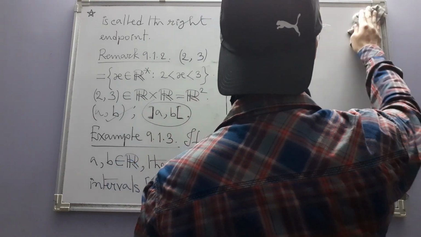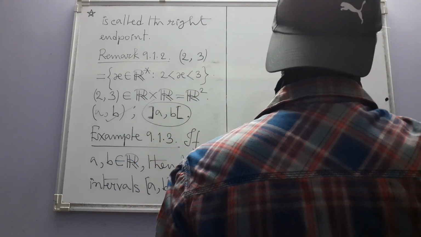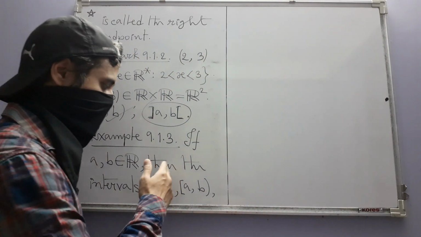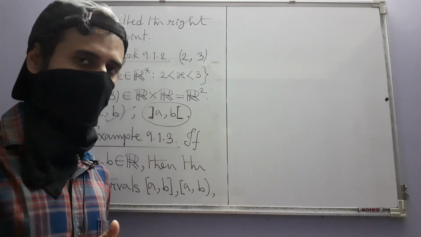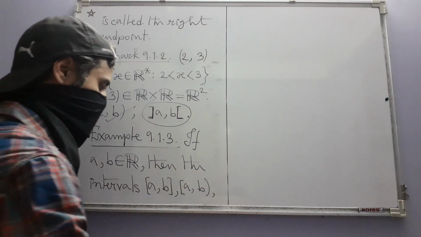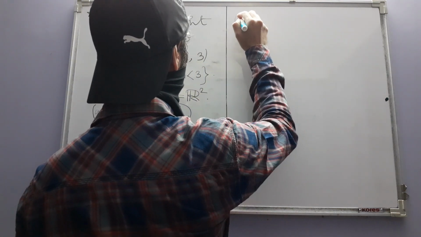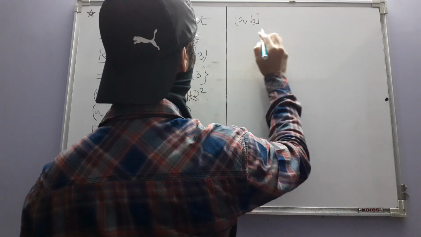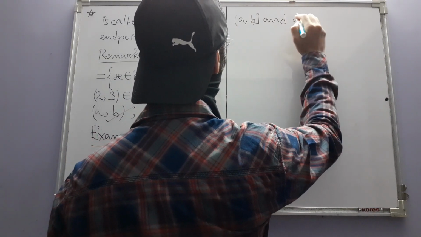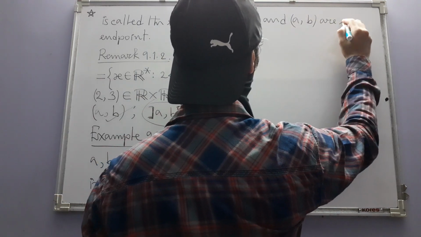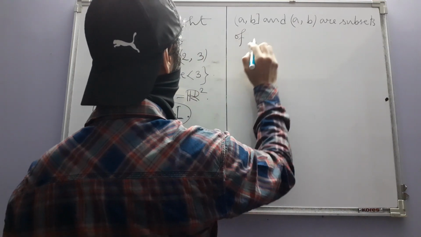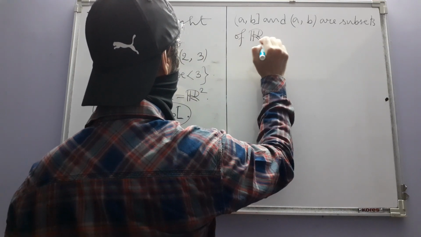Each element has to be greater than or equal to A and less than or equal to B. And since A and B are real numbers, that is, since they are finite extended real numbers, each element must itself be finite in all of these 4 sets. These are subsets of R.